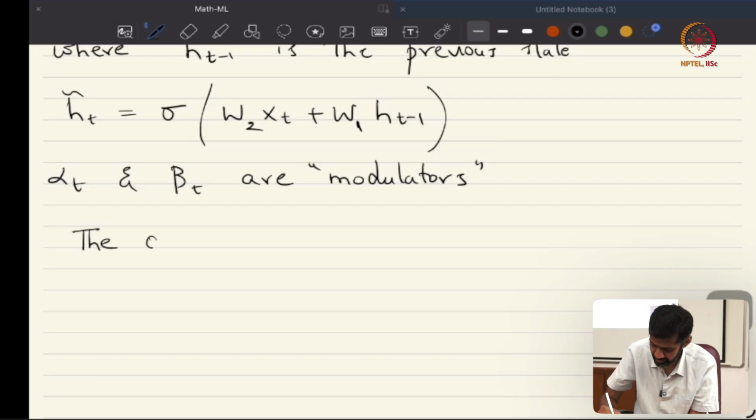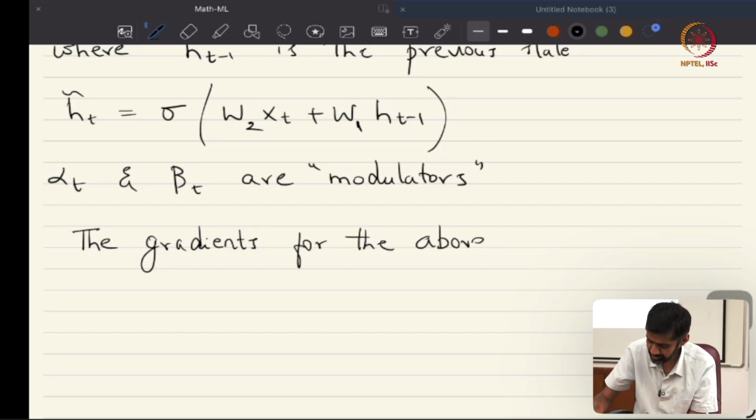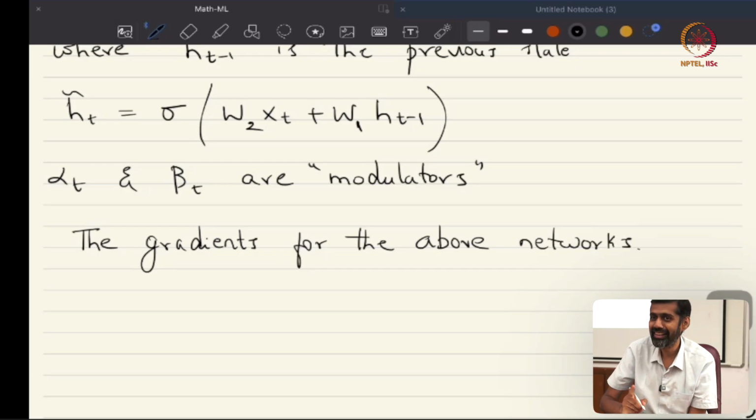The gradients for the above networks. Please don't complain that GRUs and LSTMs were in the syllabus but I did not teach them. I've actually taught the grandfather of GRUs and LSTMs, so you derive those things from these.